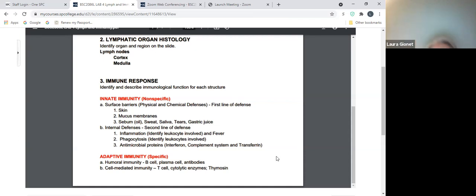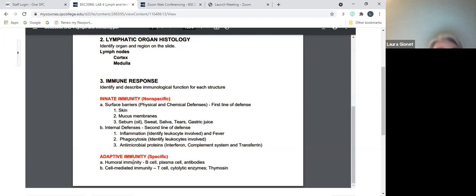The notes, we're going to go through that. We'll identify functions. That would have to be more of a word question, but we'll identify this when we look at the other images: it's the basophil associated with inflammation, and neutrophils and monocytes are associated with phagocytosis.